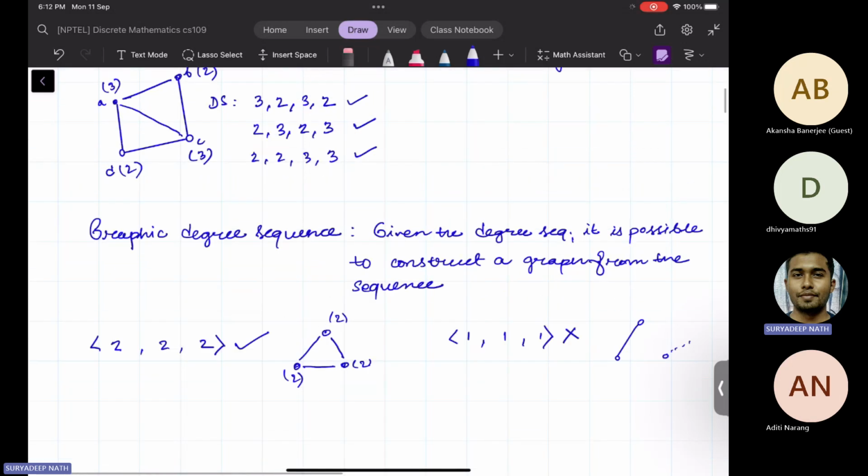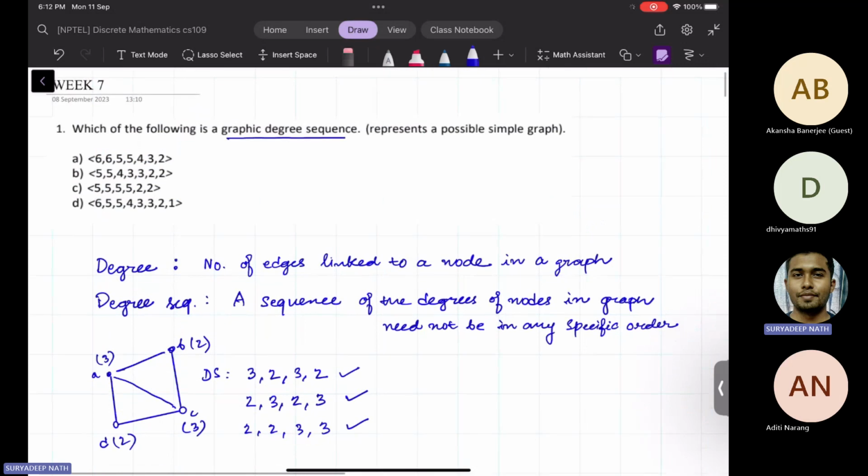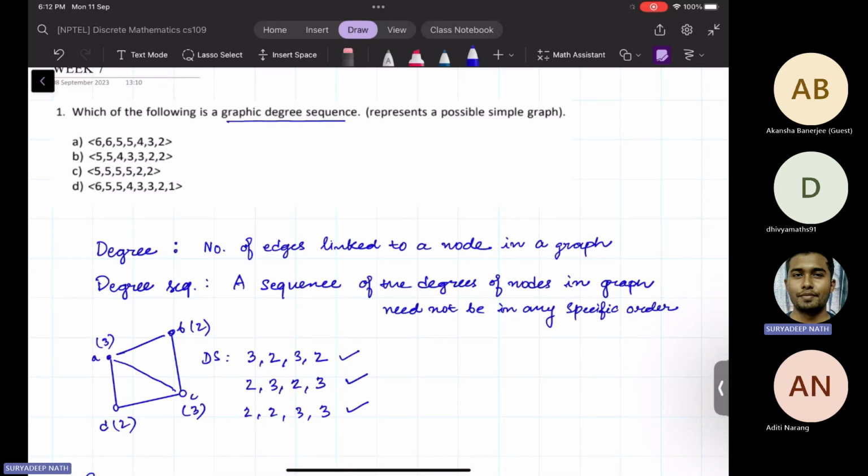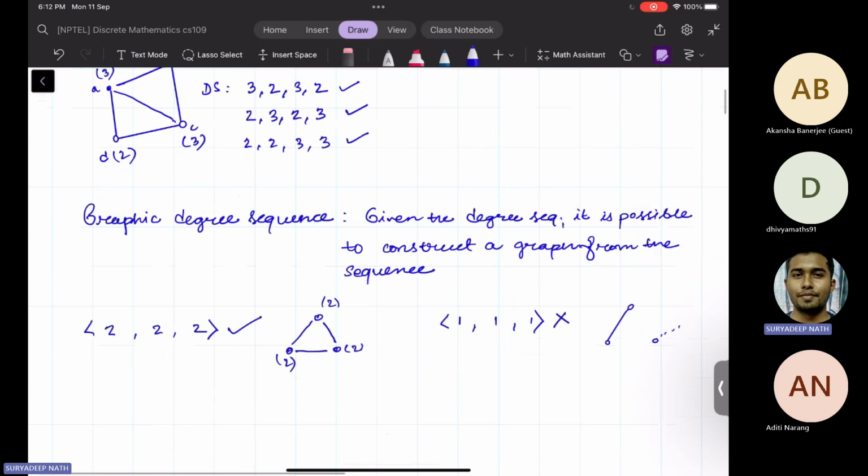So now coming to this question: which of these represents a graphic degree sequence? How will we check it?